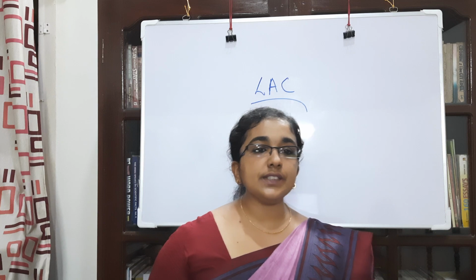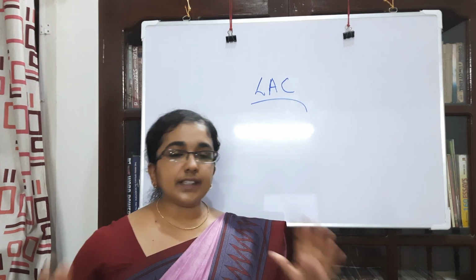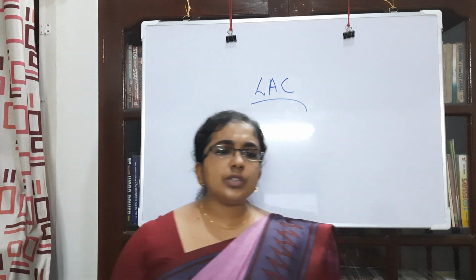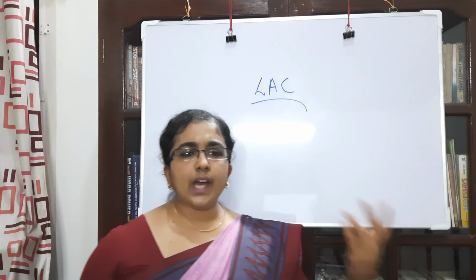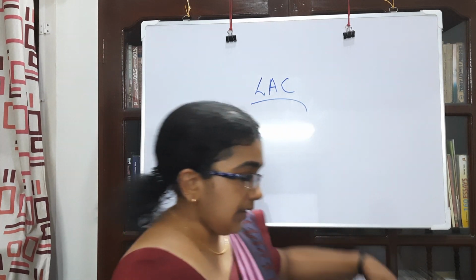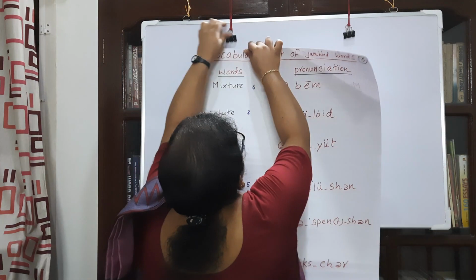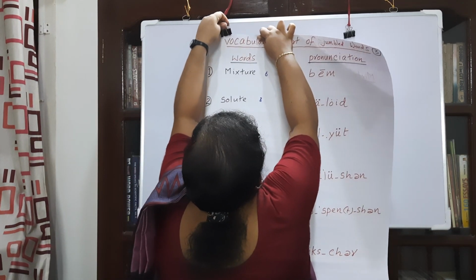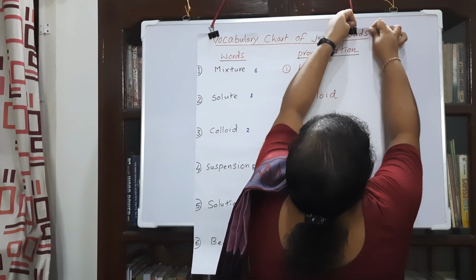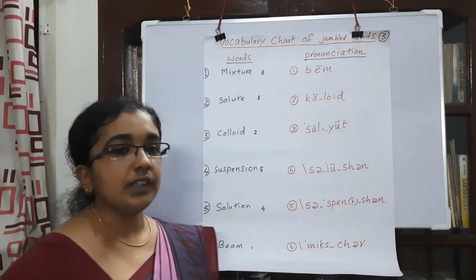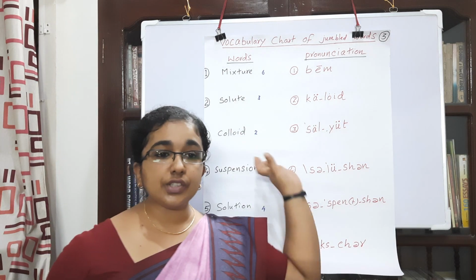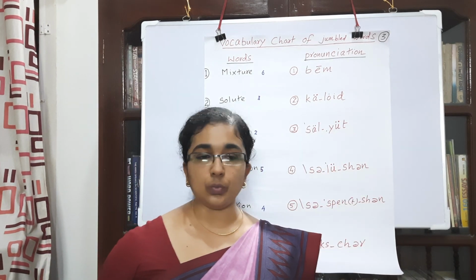So students, I think that is clear, right? Yes. So now we have the second assignment. Here you can see the chart which gives a pronunciation of a few words.